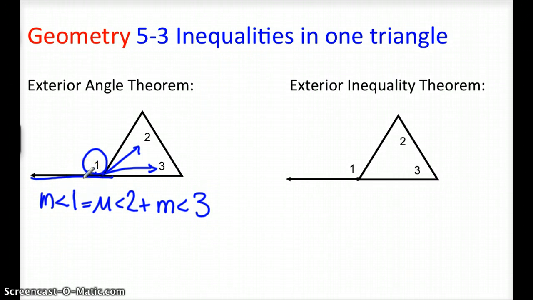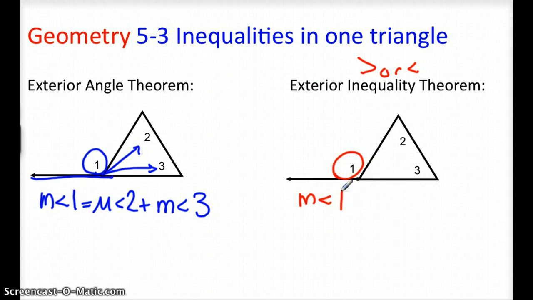Now, when we talk about inequalities, we're talking about greater than or less than or greater than and equal to and less than and equal to. I want to write an exterior inequality right now. So I'm taking my exterior angle, which is angle 1, the measure of angle 1.